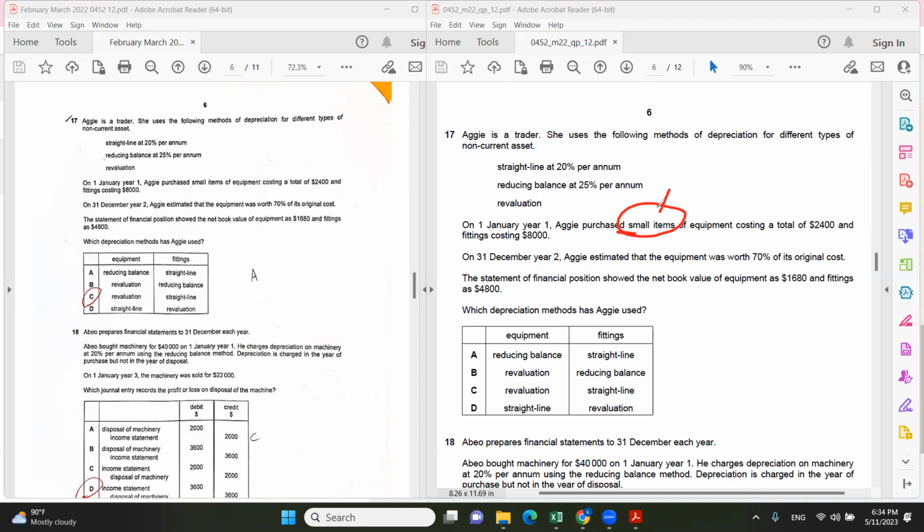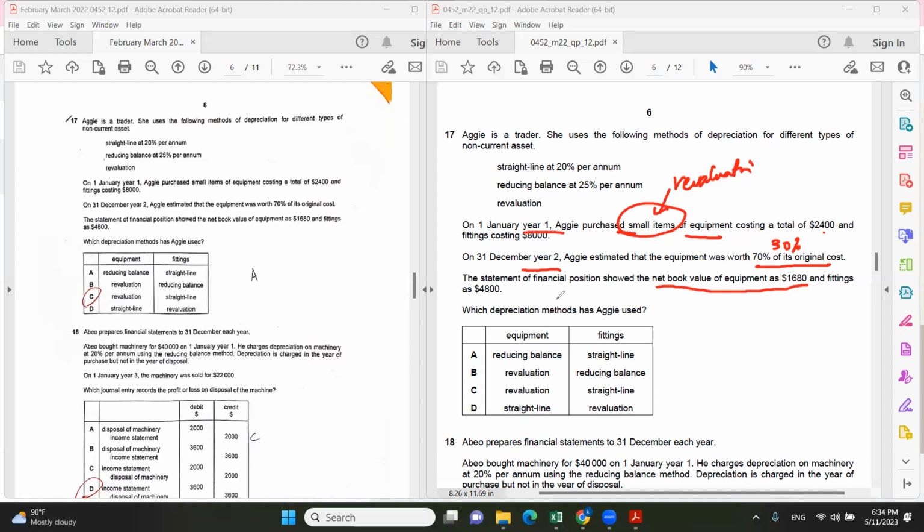Okay. When they say small item of equipment, normally we use revaluation. They say the non-current asset value in year 1 is this amount, 2004. And in year 2, they say the equipment was worth 70% of that. That means under revaluation you should get 30% depreciation for year 2.